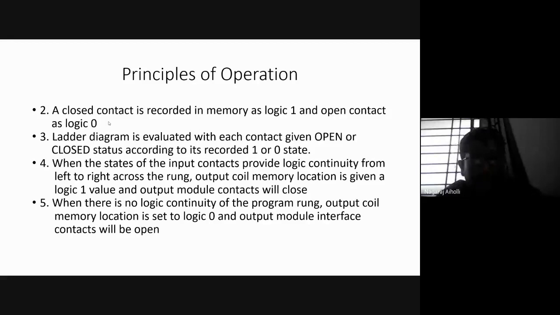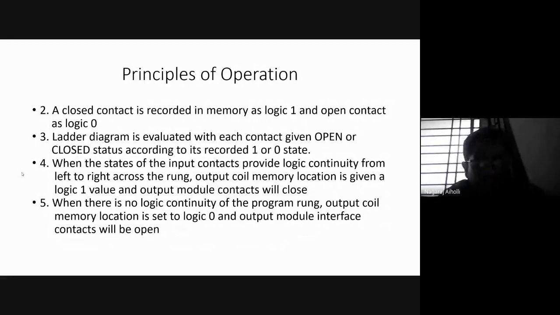When the states of the input contacts provide logic continuity, that is, when there is a logic continuity from input to output, only then the process is complete and it will control the output parameters. When there is no logic continuity, what will happen? When there is no logic continuity of the program rung or the ladder rung diagram, the output coil memory location will be storing a 0.